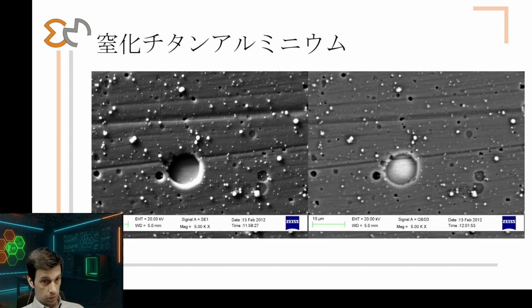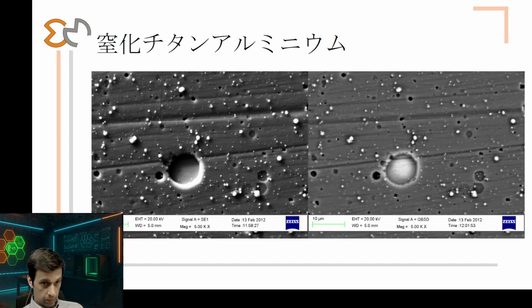The last example is this one. This is again a coating with a defect. You can see there are many defects on this surface actually, but the largest defect in the bottom is white in the backscattering image. In the secondary electron image, we can see the topography. Again, it looks like pictures taken by a photo camera.